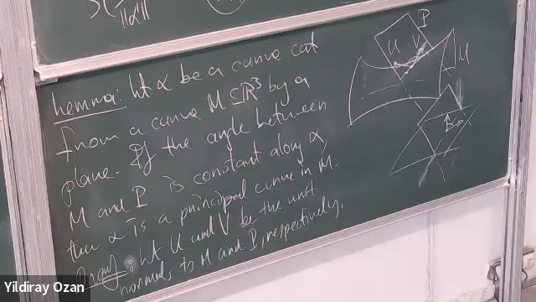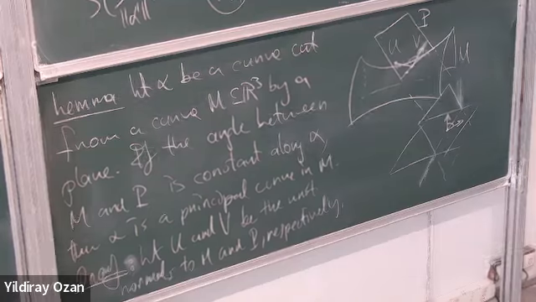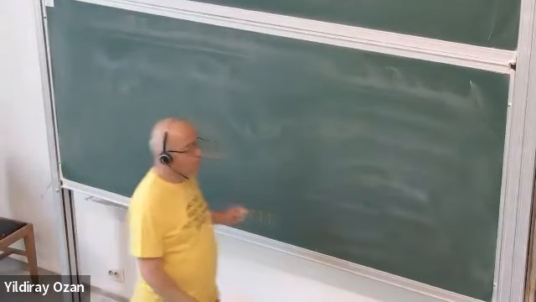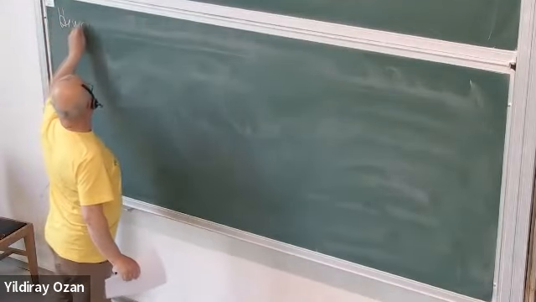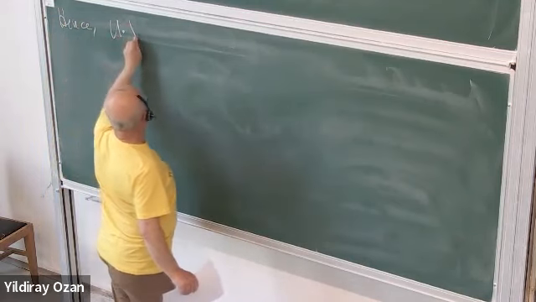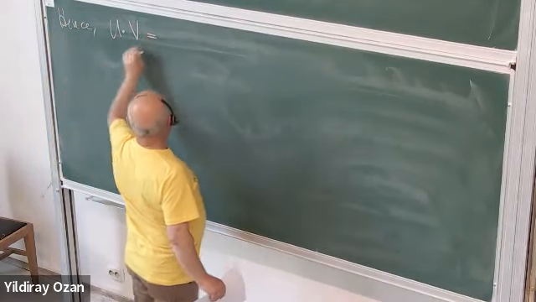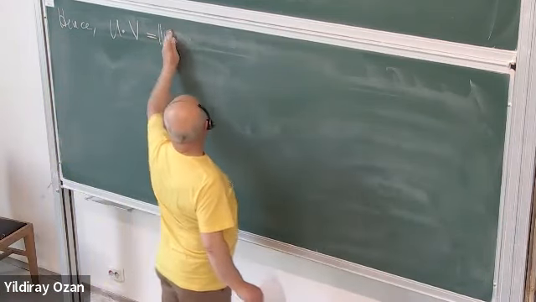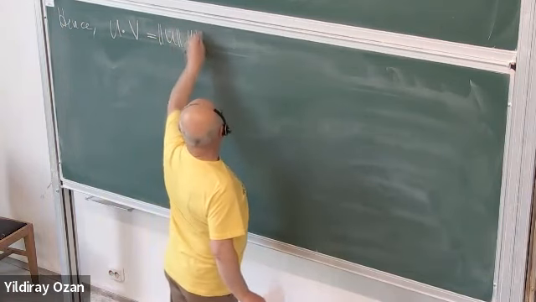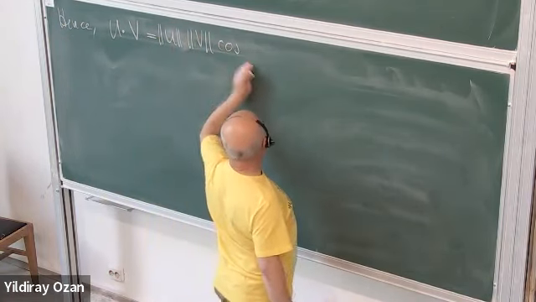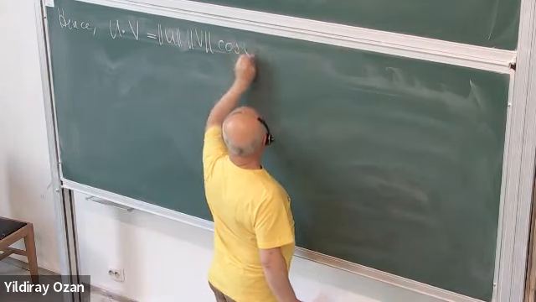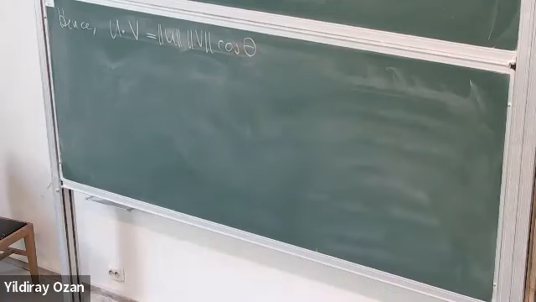Hence U dot V, these are two unit vectors. So this is norm of U, norm of V times cosine of the angle between them. Let's say cosine theta. Theta is this angle.